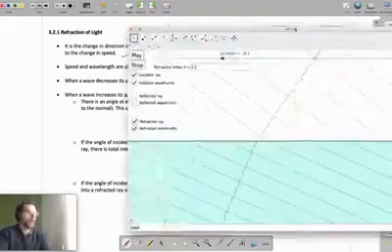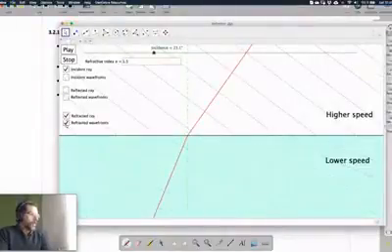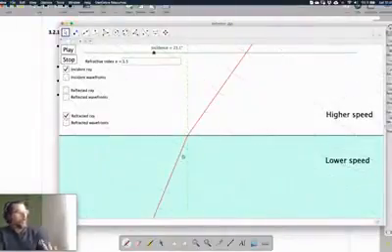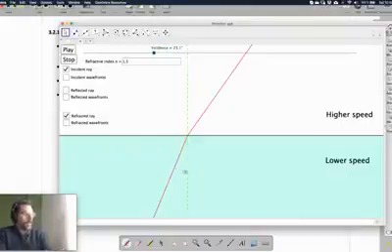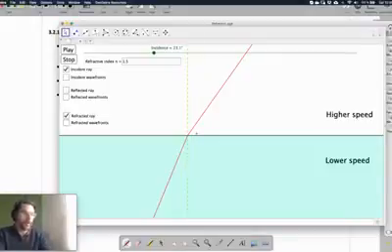Now, let me take you back into the diagram one more time. We have the incident ray with an angle of incidence between the incident ray and the normal, and a refracted ray with a higher angle of refraction, higher than the angle of incidence. It's a consequence of entering a medium through which waves are traveling faster.